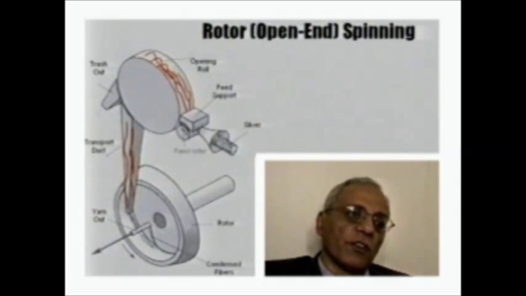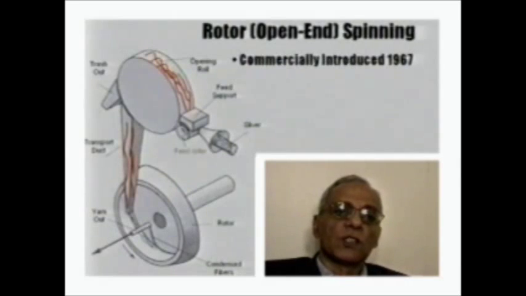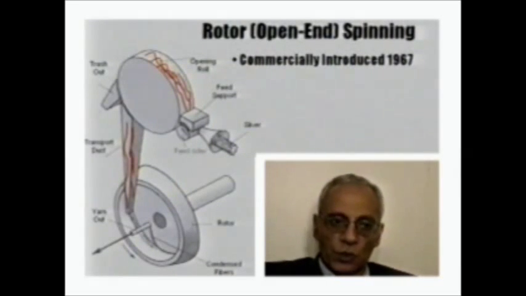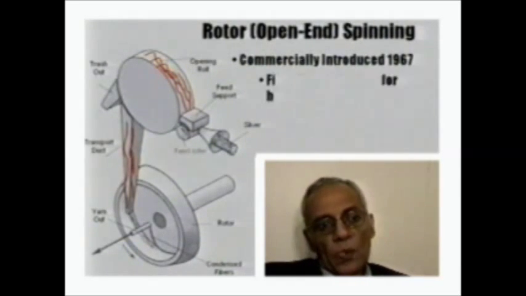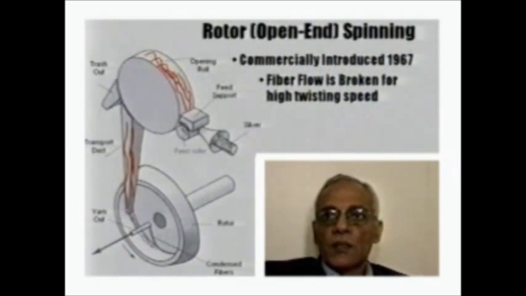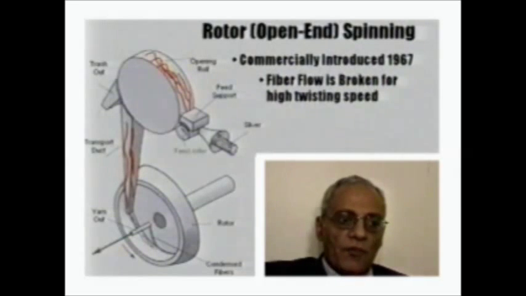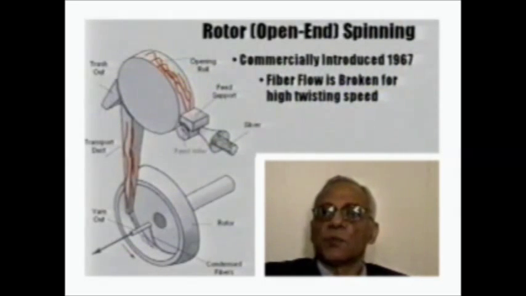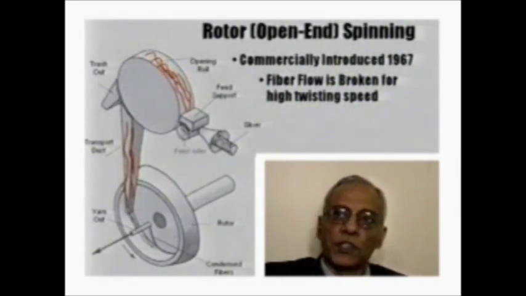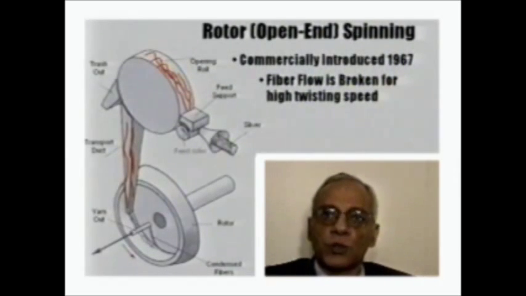As we mentioned in the overview, rotor spinning was first commercially introduced in 1967. It was based on breaking the fiber flow for the sake of a higher speed twisting, meaning higher rotational speed and then higher production speed.